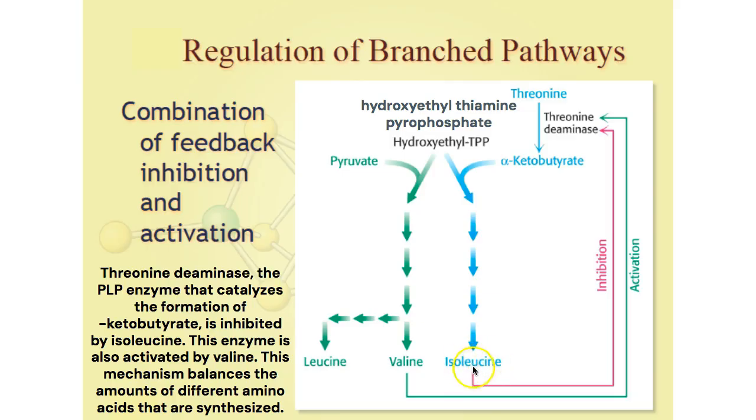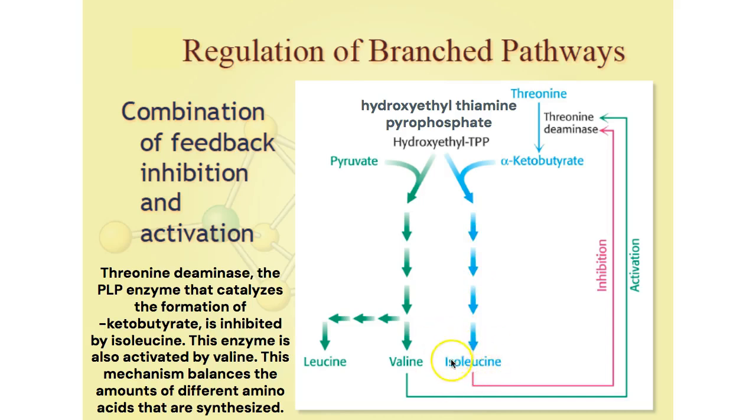And this isoleucine inhibits the threonine deaminase. This is the enzyme that converts threonine into alpha ketobutyrate, which ultimately ends up as the final product, isoleucine.